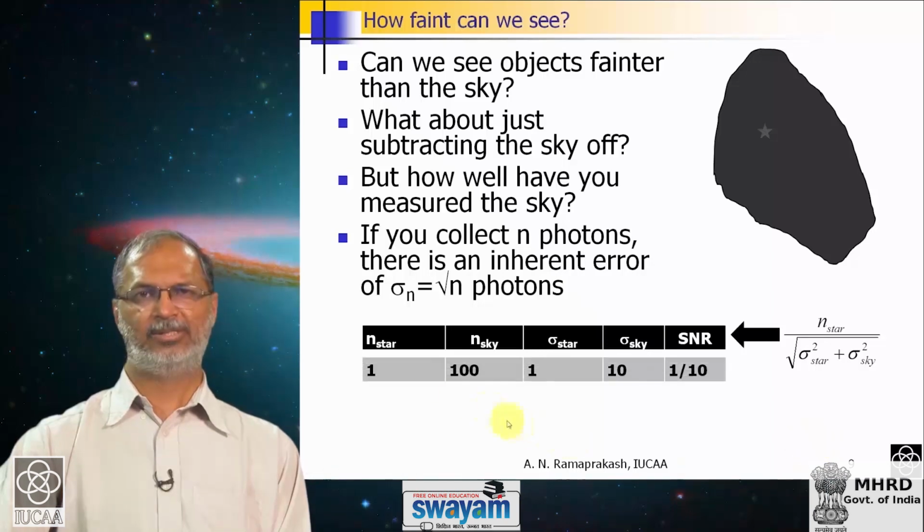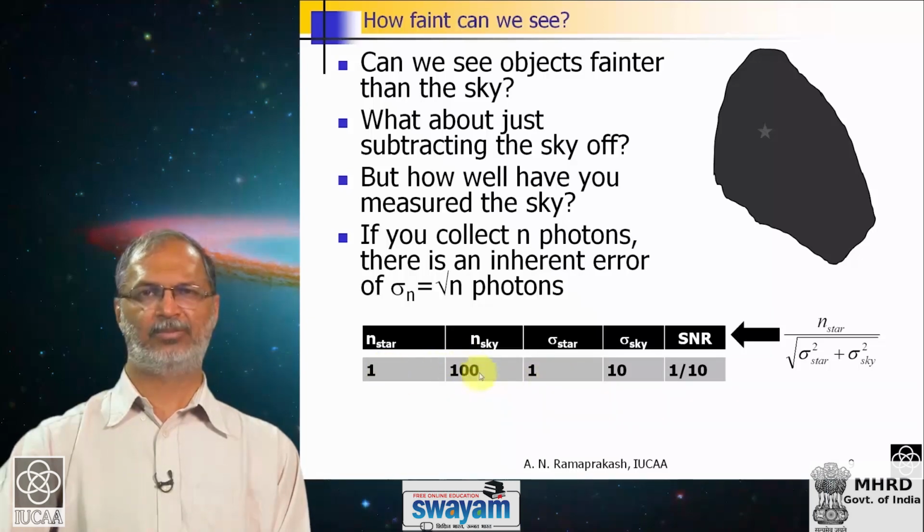So, let us look at this scenario where there is a star in the sky which is emitting, let us say, 1 photon per unit time. The sky in that direction is emitting 100 photons, a 100 times brighter sky. So, clearly the uncertainty in the measurement of the photons from the star is 1, root of 1 is 1.